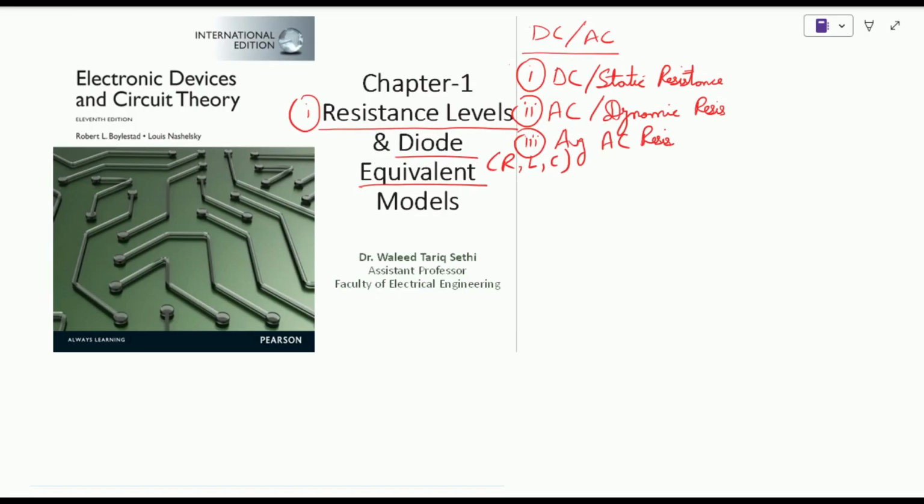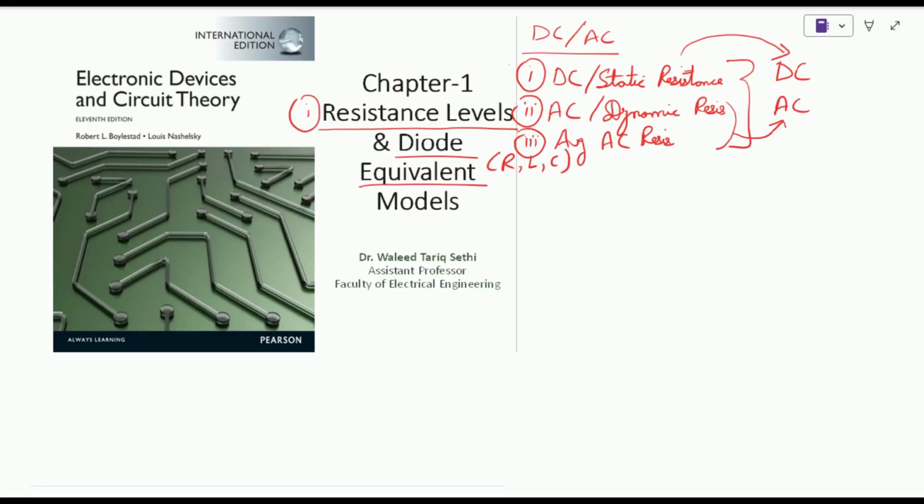So again, these three different resistances are associated whenever we apply a source, which can be a DC voltage source or an AC voltage source. For the DC voltage source, the first type of resistance is going to be analyzed, and for the AC source, the last two are going to be analyzed.